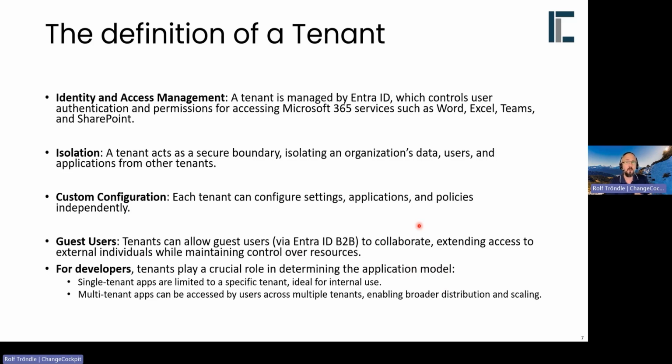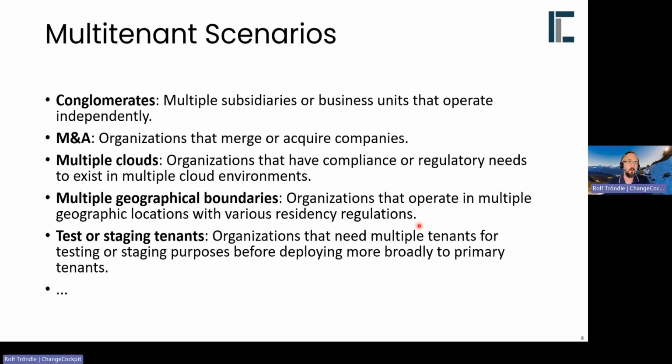So why could we use, or when could we use a multi-tenant? What multi-tenant scenarios exist? First, we have conglomerates. This means we have multiple subsidiaries or business units which operate independently but are still under the same company.